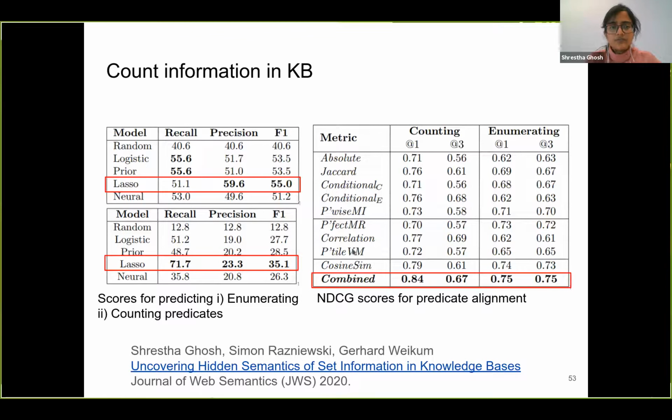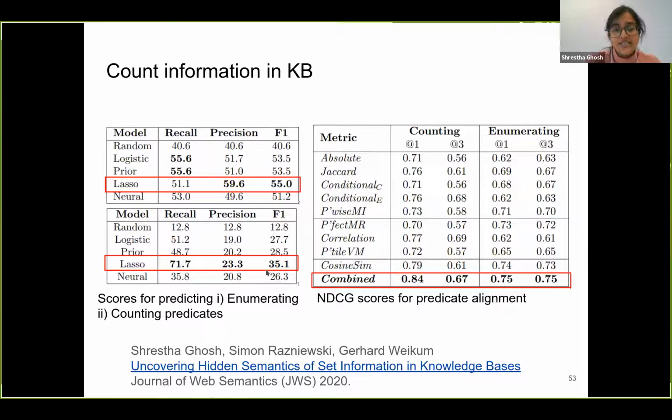So these are the precision scores of different methods that were applied for the supervised classification of the two classes of counting and enumerating predicates.